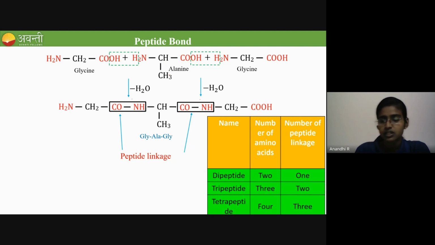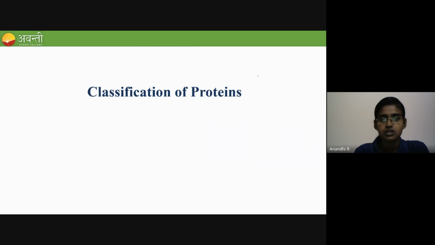Then tetrapeptide, pentapeptide, hexapeptide, it goes on, and systems containing more than four peptide linkages are called polypeptides. Okay, clear?